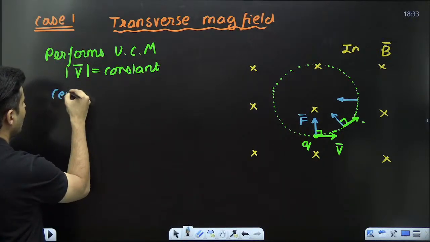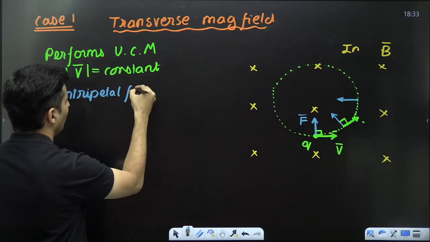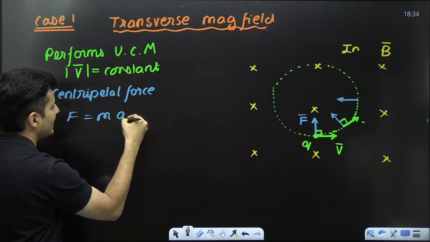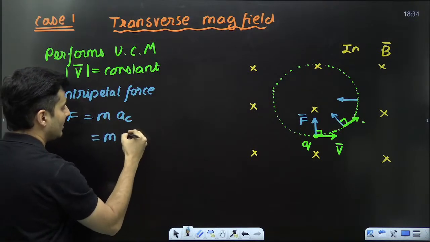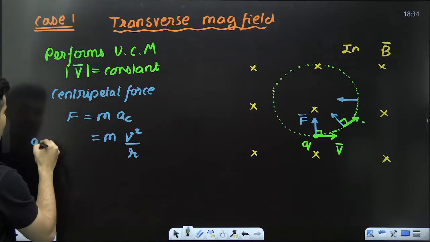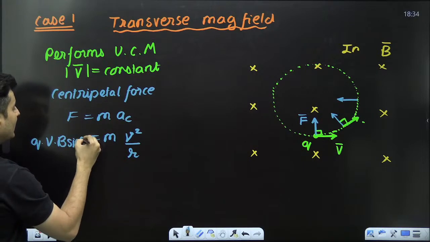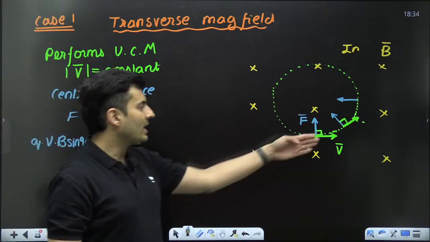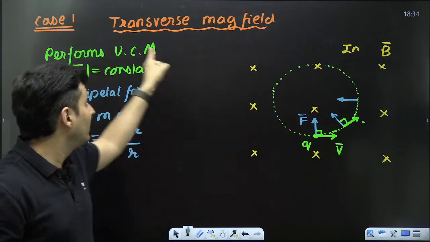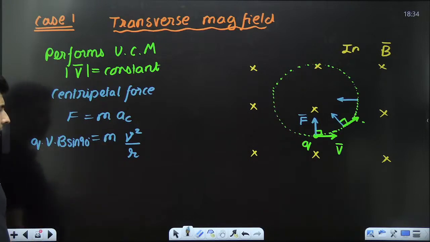So the centripetal force will be F, and that is always m into AC. AC, centripetal acceleration, is velocity square by the radius. The force is charge into velocity into magnetic field into sine 90. Why sine 90? Because the angle between velocity and magnetic field is 90 degrees.